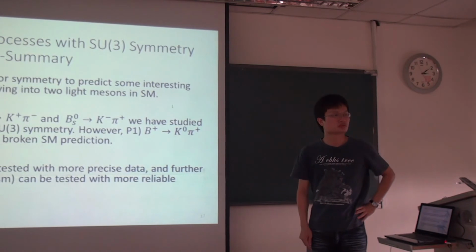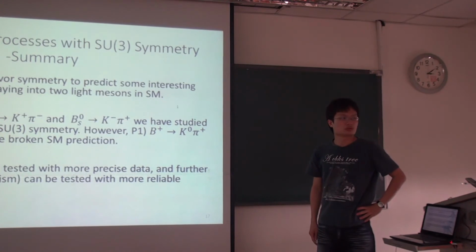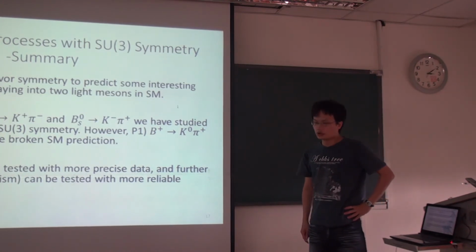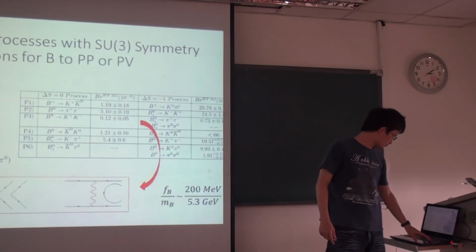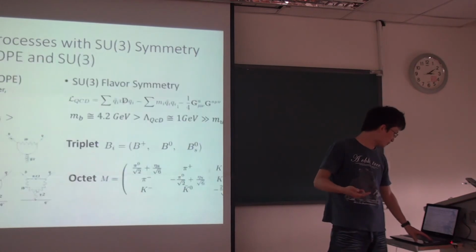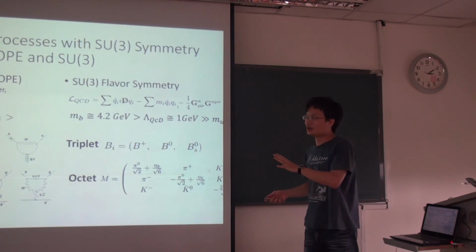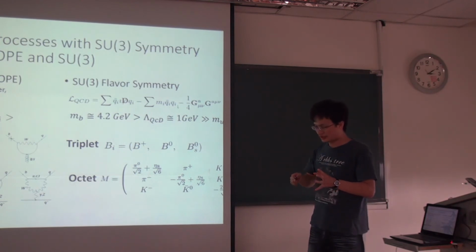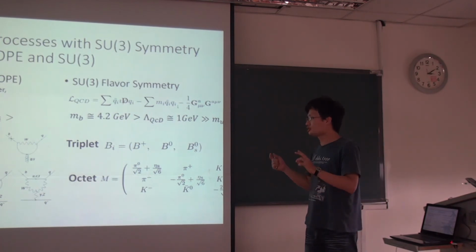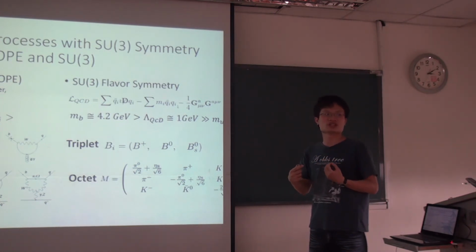Question: What is SU3 flavor symmetry, and what is the relation to the C violation, P violation, CP violation? Actually, SU3 flavor symmetry, maybe we can say more simply, is that in QCD, because the mass of the light quarks is very light, the strength of QCD interaction with these light quarks is the same, so we can have some symmetry, which is called SU3 symmetry.